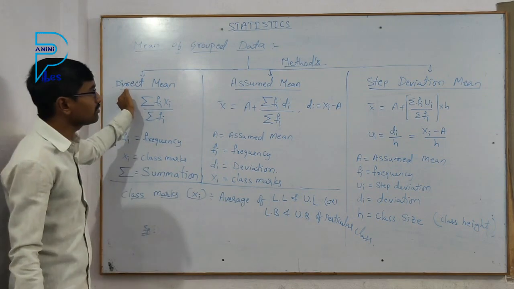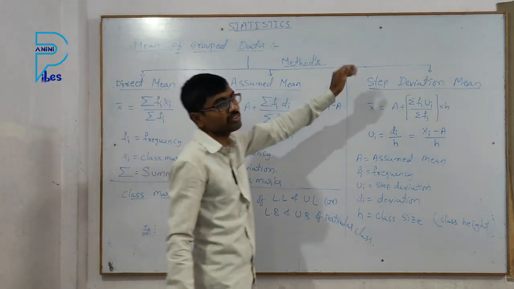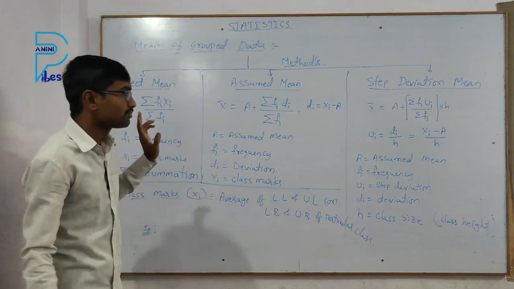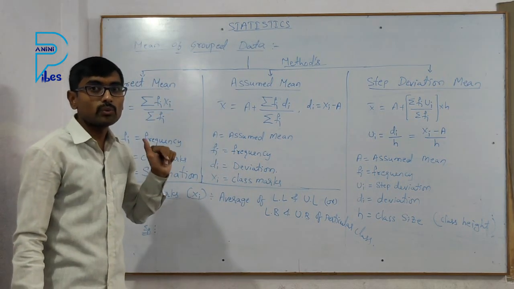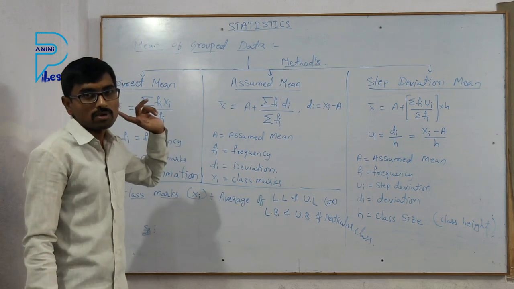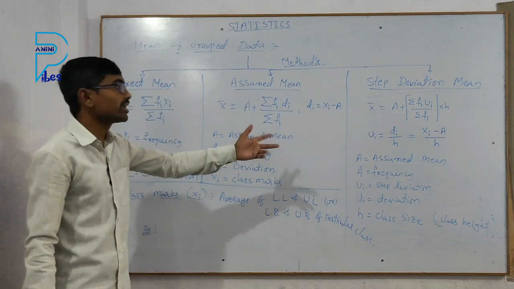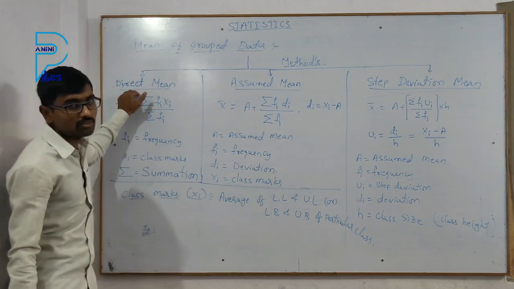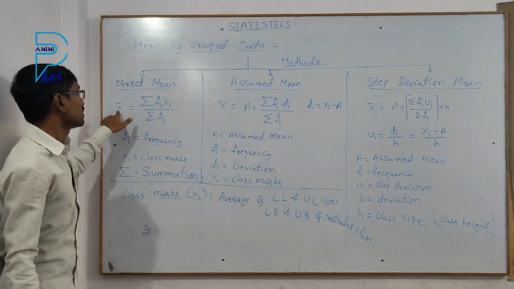If you take the direct mean formula, assumed mean formula or step deviation mean formula, the answer will be the same. But when and where, how we have to use these formulas, I will be telling whenever we are solving the problems.